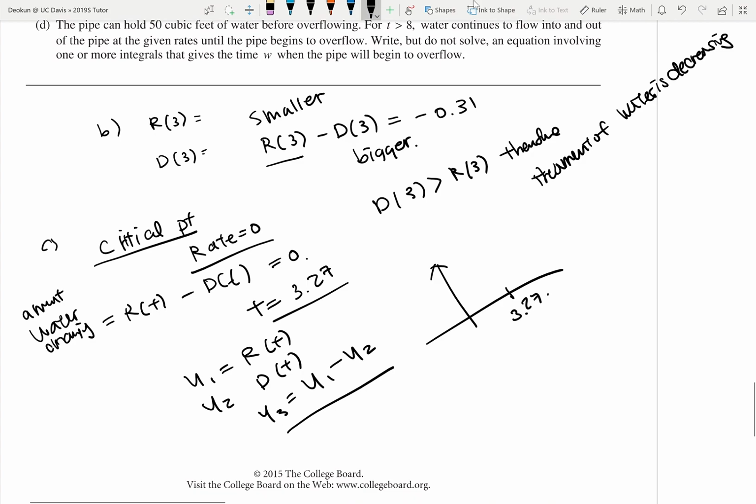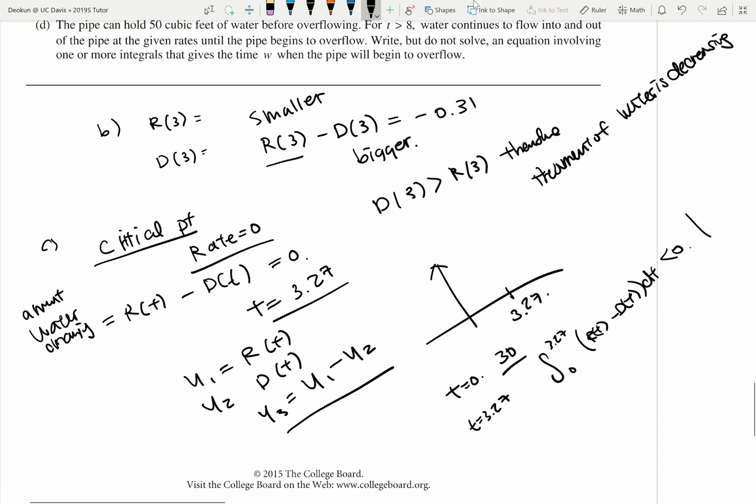Then at t equal to 0, your water is 30. That's your beginning value. At t equal to 3.27, if you do the integral from 0 to 3.27 of R(t) minus D(t) dt, then you will get a negative value.